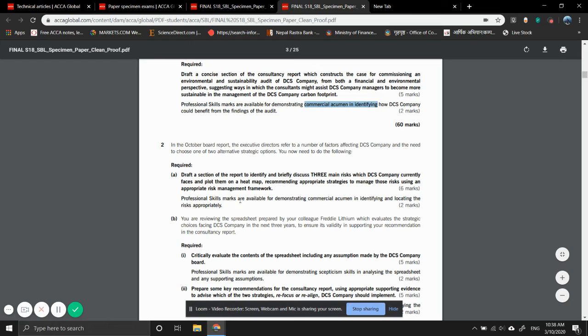Marks are available for demonstrating commercial acumen and identifying and locating the risks appropriately. Okay, three main risks based on the October board report, right?